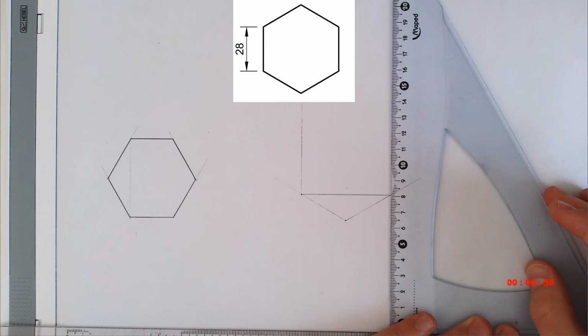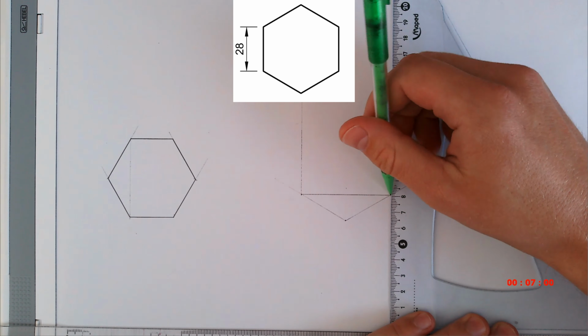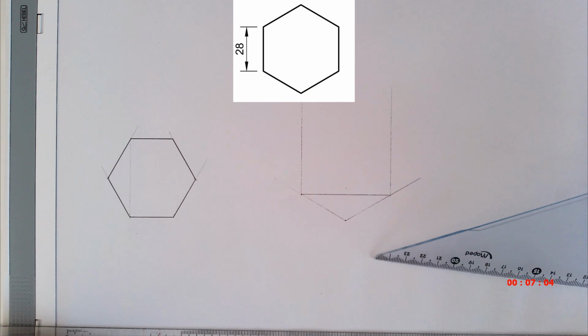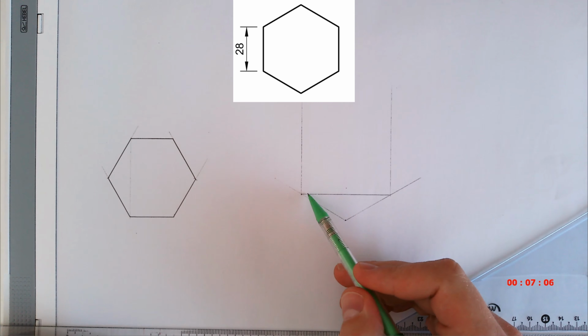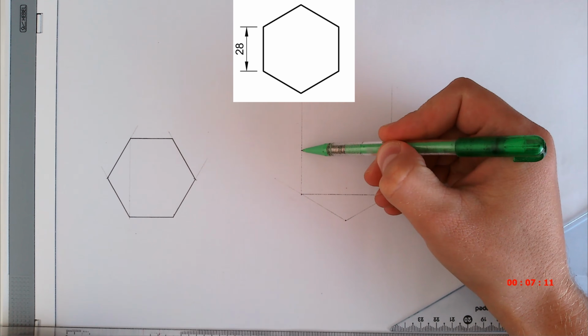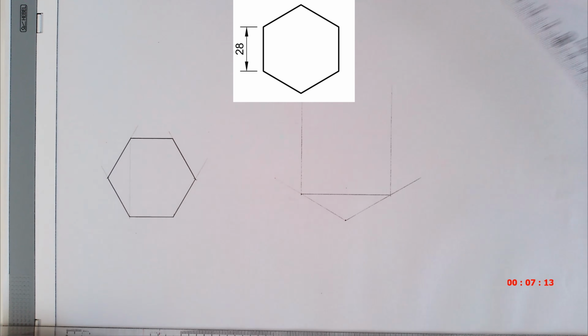So we're doing it light first, and then after all of the construction, we will harden it. Now we can again measure 28.